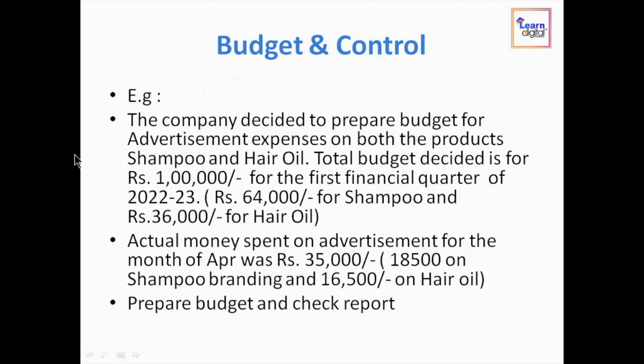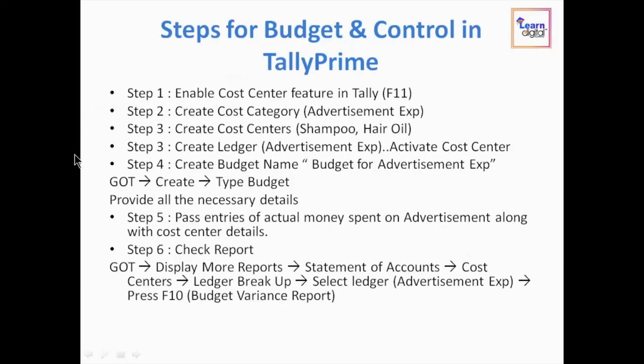So go through the example, solve the example, follow the steps. It is very important to have the cost center feature enabled for budget and control in TallyPrime. So create cost centers, cost categories, even the expenditure ledger needs to have the cost center activated, and then we have to create the budget.